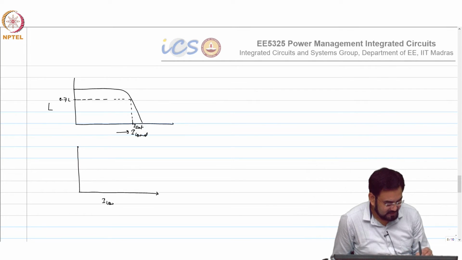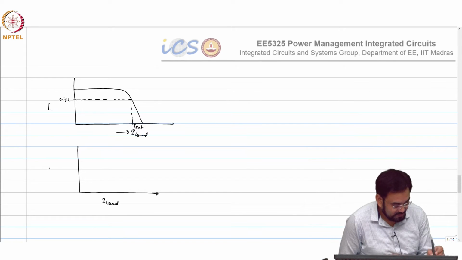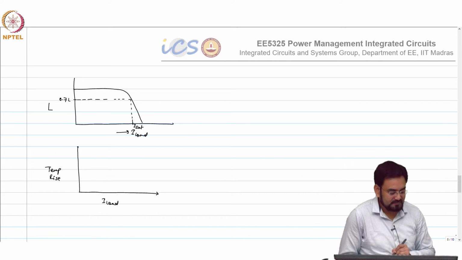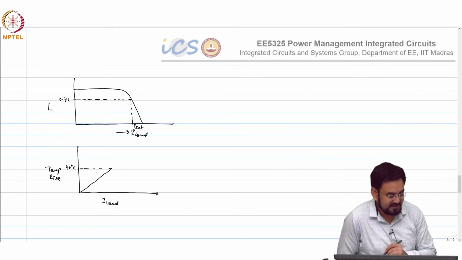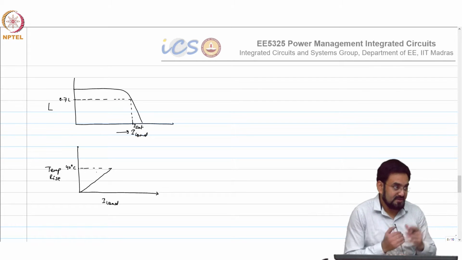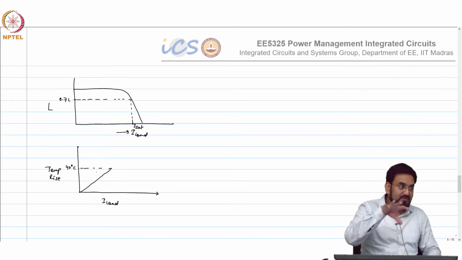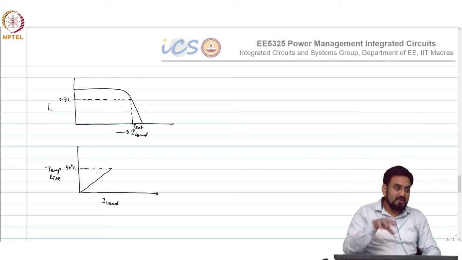I load versus temperature rise. So, this is your 40 degree C. Temperature rise means extra temperature over whatever temperature you are measuring at. Okay.